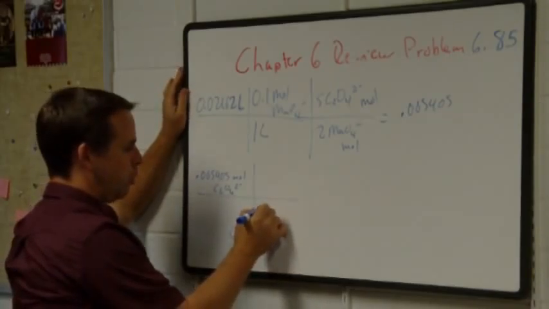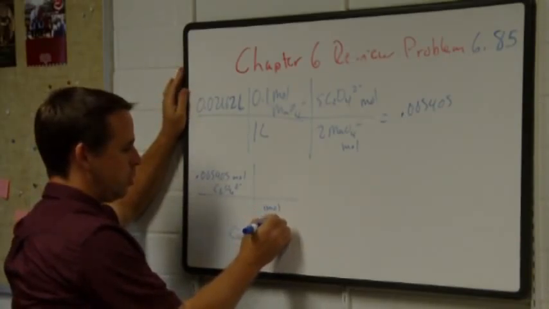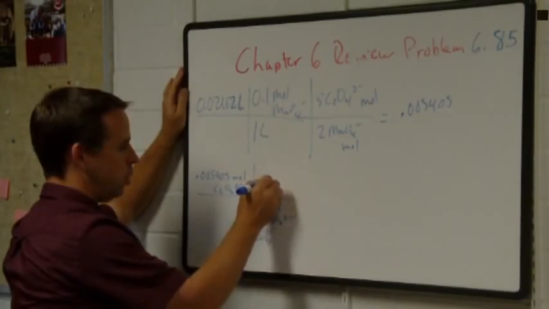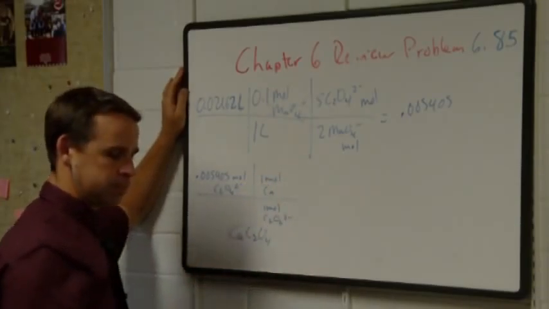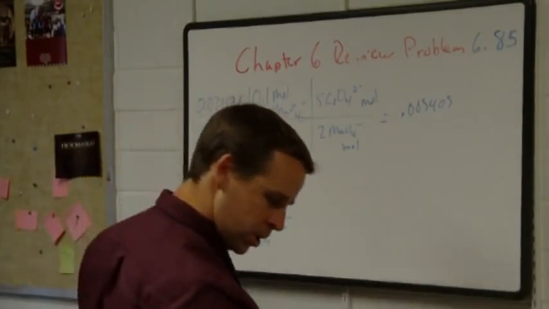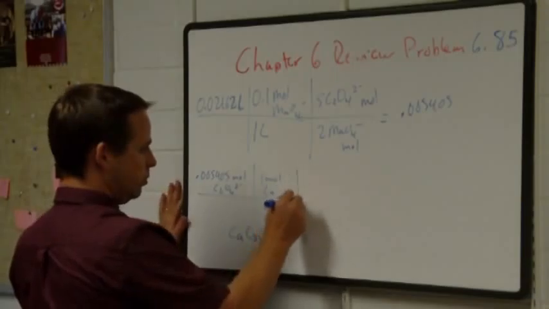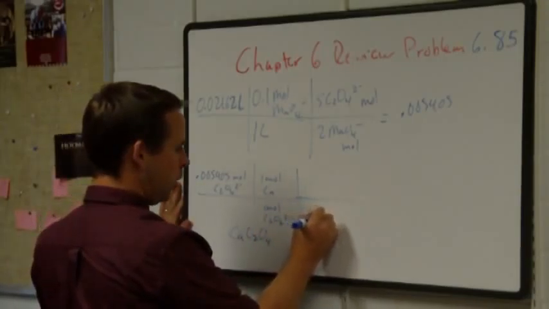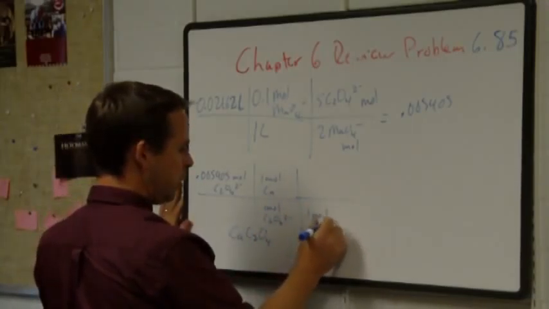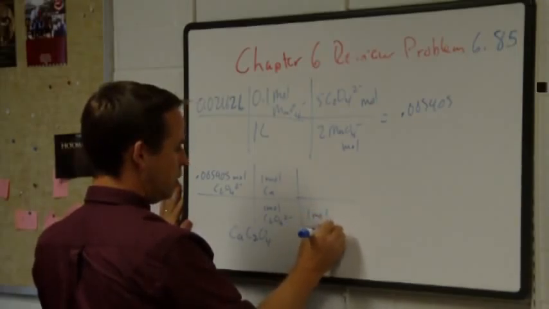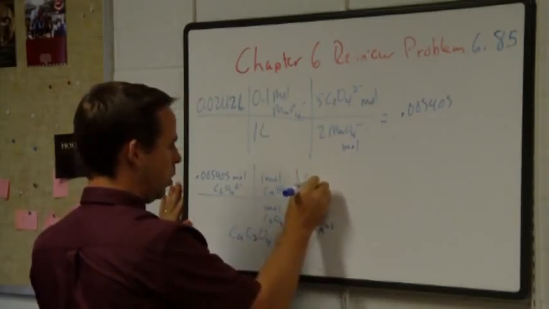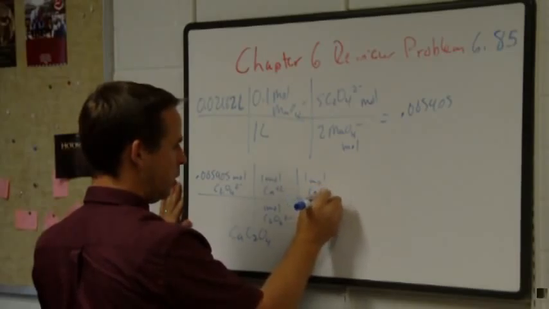So for every 1 mole of C2O4 2 minus, there's 1 mole of calcium ion. All right? And the question is, how many grams of calcium chloride were in the original sample? Well, for every 1 mole of calcium, there was 1 mole of calcium chloride.